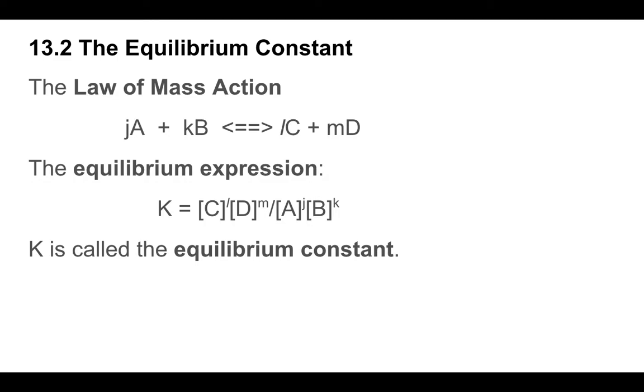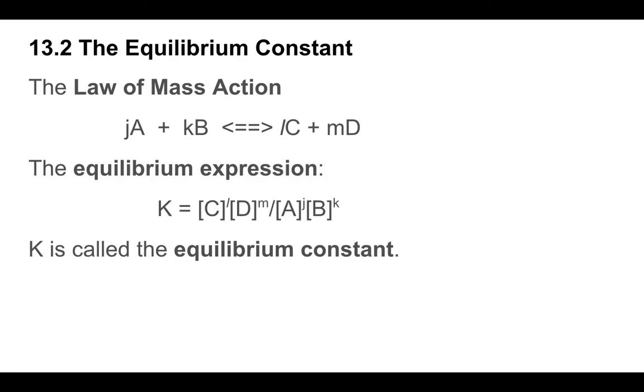So in general, if you have jA's and kB's and lC's and mD's, you can derive an equilibrium expression or an equation for the equilibrium constant, capital K, which would be the products over the reactants, except that the concentration of the products are all raised to their coefficient as their exponent, and the reactants are raised to their coefficient as their exponent. And so [C]^l [D]^m over [A]^j [B]^k.